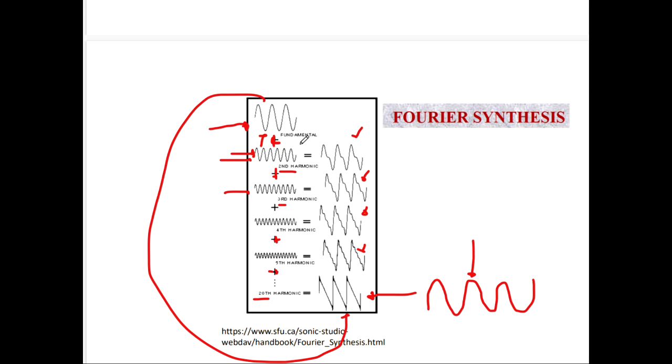And we can also add it by shifting the phase, by moving it in time a little bit left or a little bit right. That's too complicated for today, but the point is we build the sawtooth like little Lego blocks. That's called synthesis. Have you heard of a synthesizer? It's a musical instrument. This is what a synthesizer does.